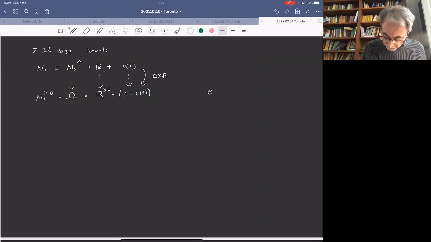So in particular, exp of the purely infinite part is given by the monomials. So the monomials are the exponentials of the purely infinite elements.